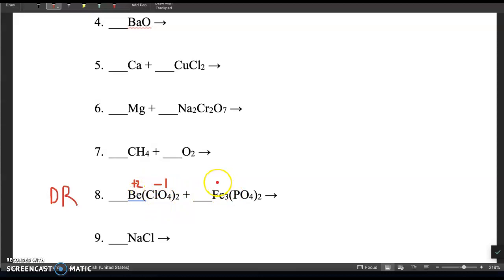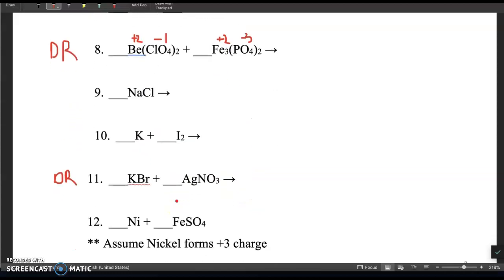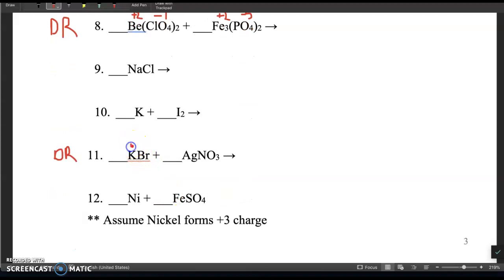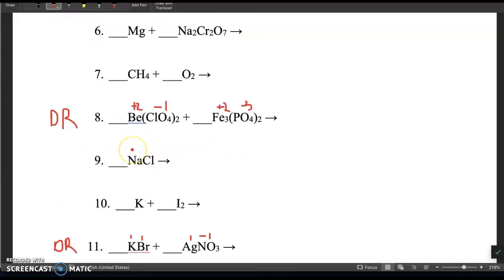Iron here, iron's charge. Remember, iron can be a 2 or 3. PO4 is always a -3. And iron can be a +2 or +3. Well, if it was a 3, they would cancel. Since I see this 2, that tells me that iron is a +2 here. That's the hardest part about these. Okay. And then both of these are 1s, so that's a 1, that's a 1. Silver's a 1. Nitrate is a -1 as well. Okay, so there's pluses and minuses here. I'm just saving time by doing that.